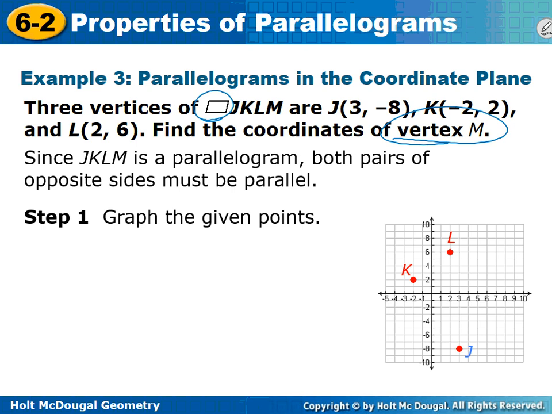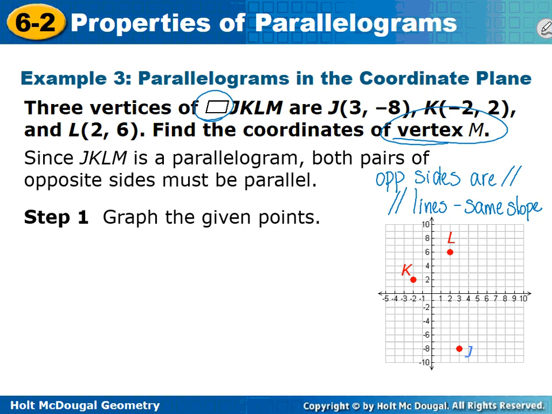They have the same slope. So if I want to figure out where my missing vertex is, I need to use the fact that opposite sides are parallel and that parallel lines have the same slope. And then be very careful.